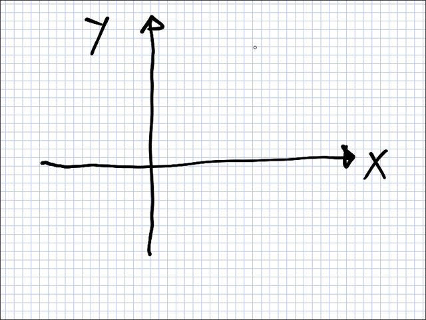What do we have? No idea. You don't know. If the first and second derivative are both 0, you don't know what you have. Now, I'll give you an example to show you why.